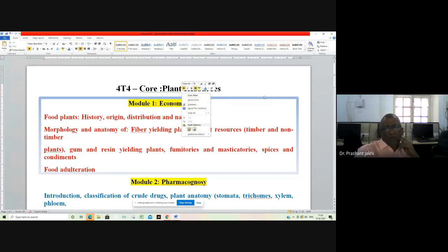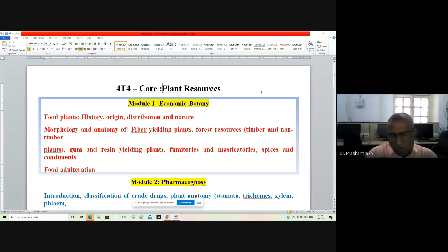Okay. So in our previous semester, we have completed the theoretical portion of our paper, which is related to Angiosperm 2. As far as Angiosperm 1 from your second semester is considered, we have studied a number of features related to the morphology of the flower.